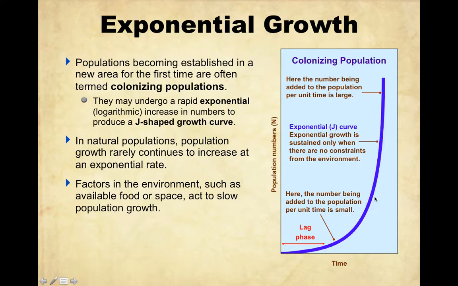Okay, and it's going to sustain as long as there are no limiting factors, whether density independent or density dependent factors, whether abiotic or biotic factors. Once it starts to hit the limiting point, we're going to start seeing a crash.